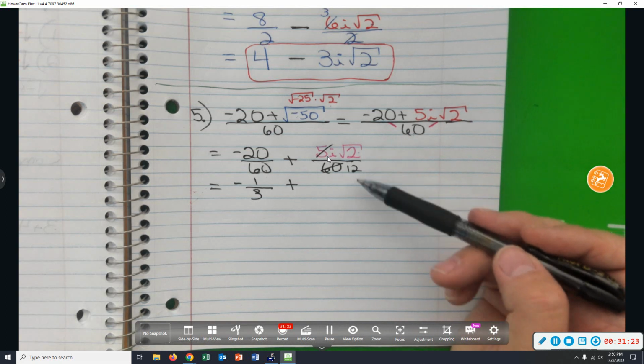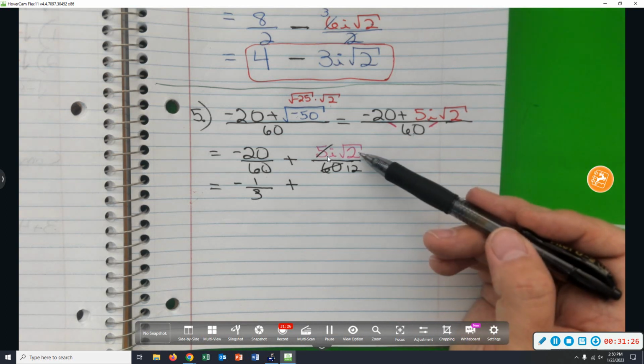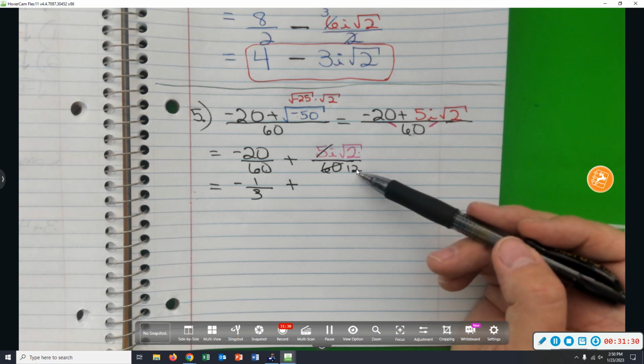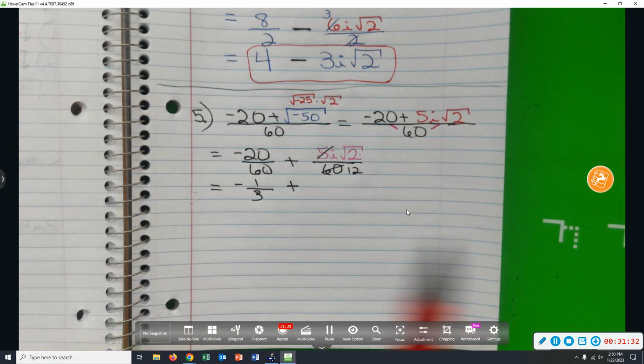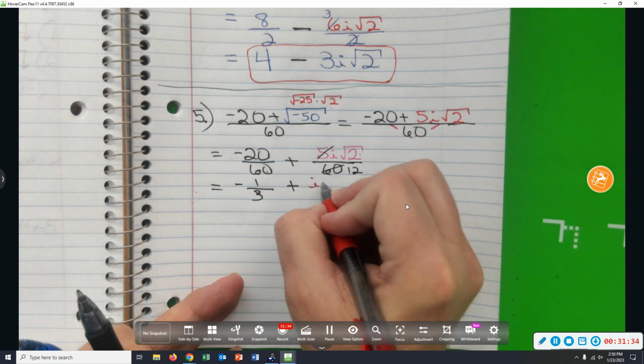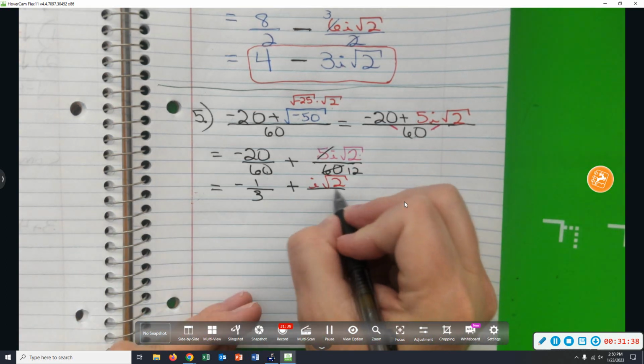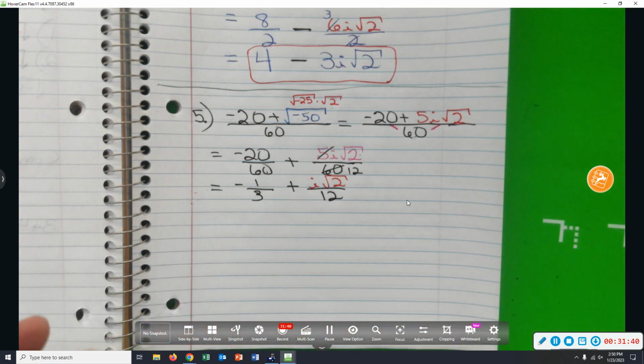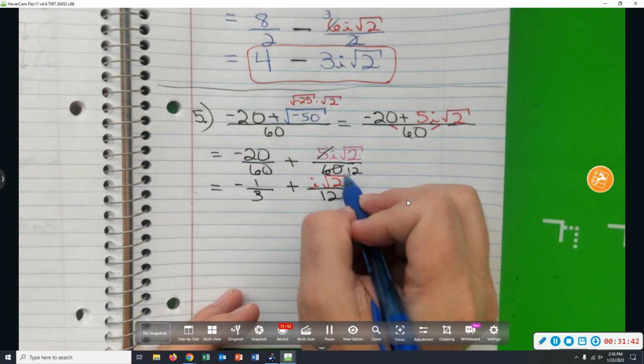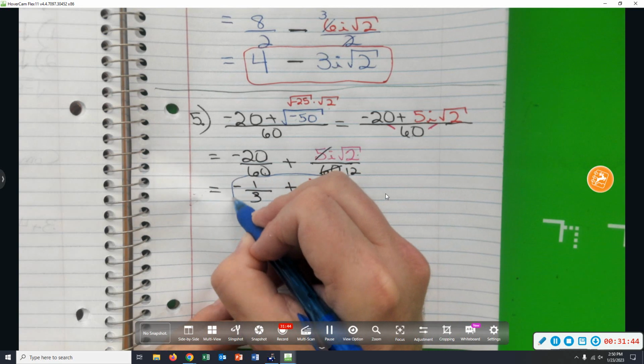Can we cancel a 2 here? No, because you can't cancel the number that's under the square root with the number that's not under the square root. So we have i square root of 2 all over 12. Now that's going to be a little bit messier to type in.